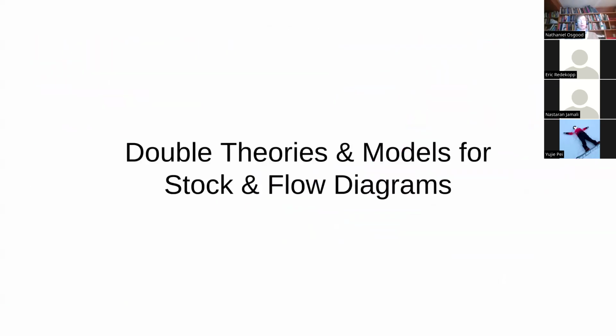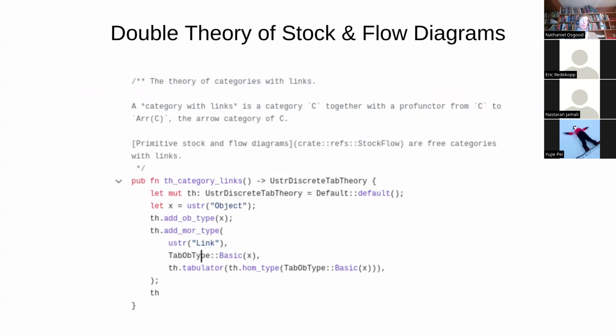But I want to talk about stock and flow diagrams, or rather system structure diagrams, because stock and flow diagrams in their full generality with formulas aren't really supported yet.